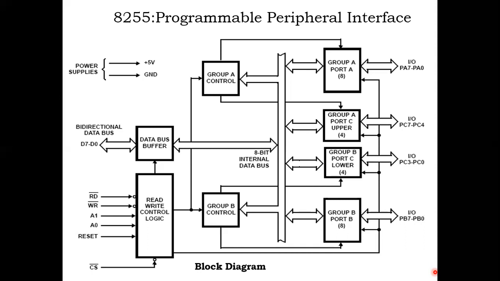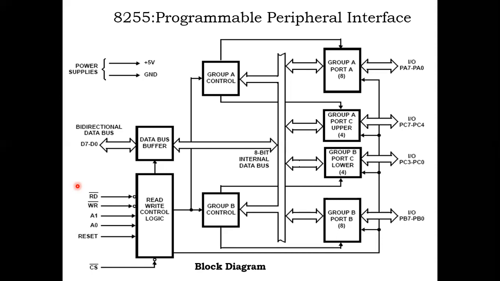Then we have group A control and group B control for generating the control signals between the group input output ports. Then the data bus buffer, a bidirectional data bus buffer derived from the microprocessor for accessing the data in the 8255. Then read write control: read write operation, A1 and A0, and reset. A1 and A0 are used for selecting which port we are going to select.